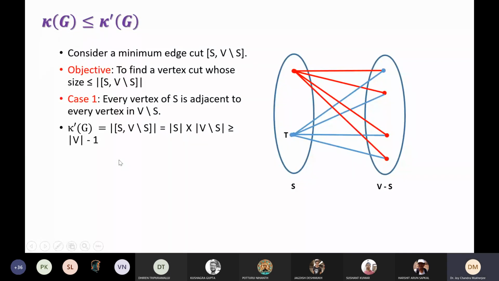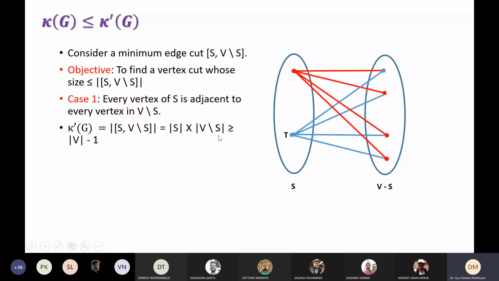So try to understand this. First we consider a minimum H cut S, V minus S, and our objective is to find a vertex cut whose size is less than or equal to this. Now case 1 is, suppose every vertex of S is adjacent to every vertex of V minus S. Then how many edges are there across this H cut?